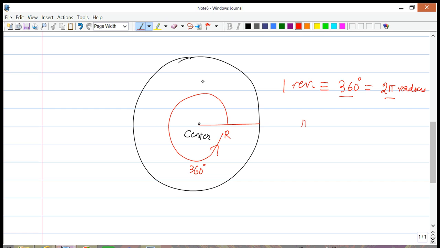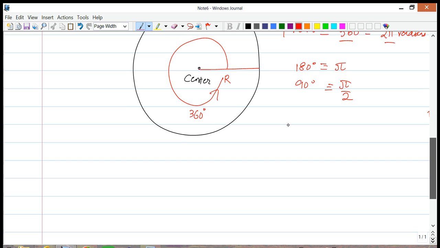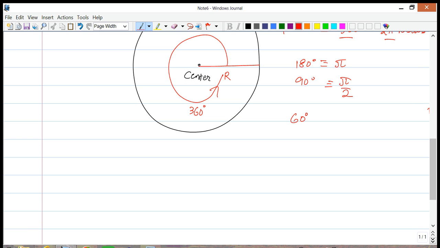This tells you that 180 degrees corresponds to pi radians. 90 degrees corresponds to pi divided by 2, and so on. 60 degrees corresponds to pi over 3. 30 degrees corresponds to pi over 6.